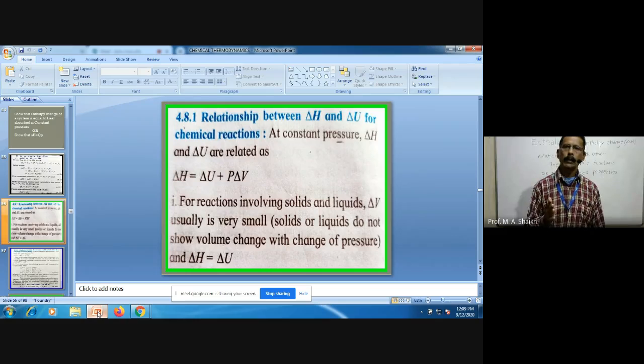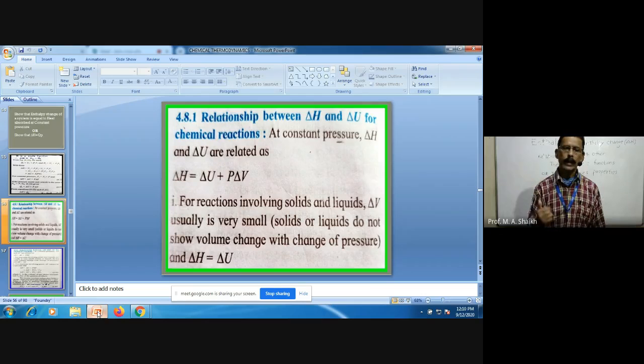When reactants and products are in solid or liquid state, at that time the change in volume, that delta V, is very, very less, because solids and liquids are less compressible. Change in volume is very less, so it is neglected. And when the change in volume is very, very less, the value of delta V is almost zero.